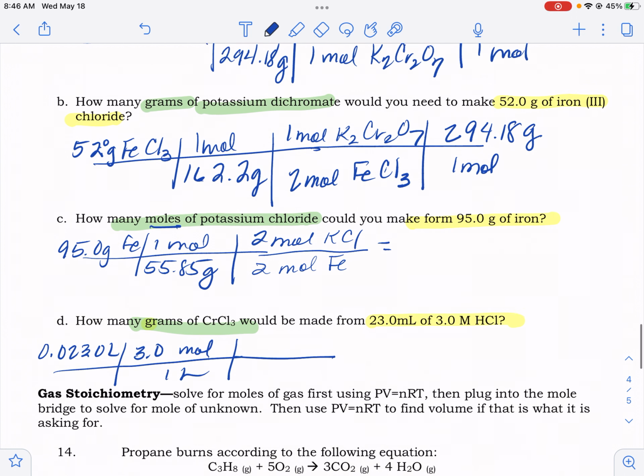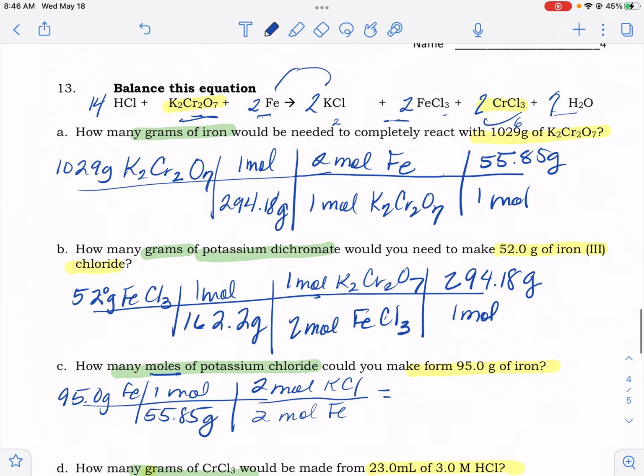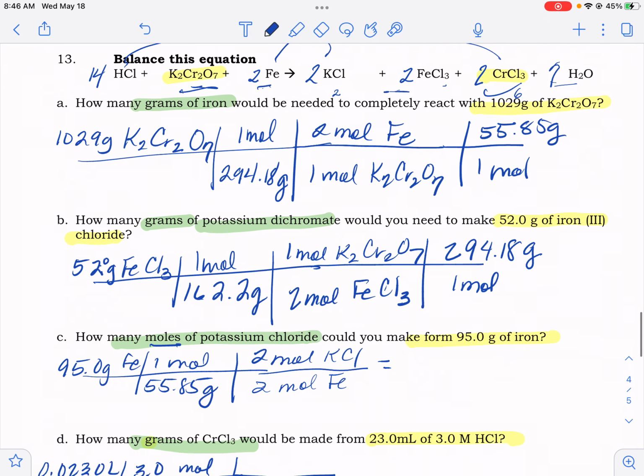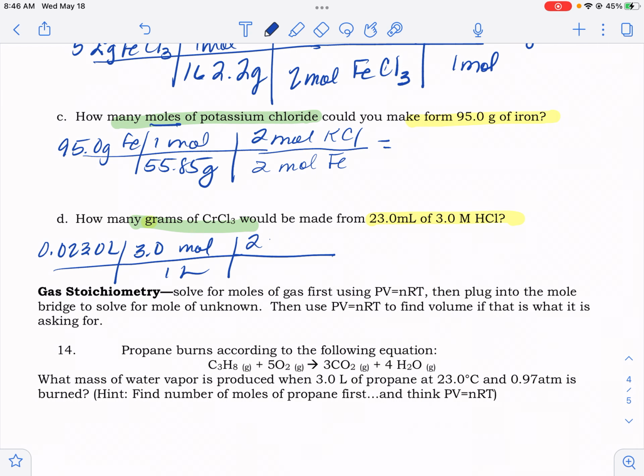The ratio of hydrochloric acid to chromium 3 chloride is 14-to-2. 2 moles of CrCl3 to 14 moles of hydrochloric acid.